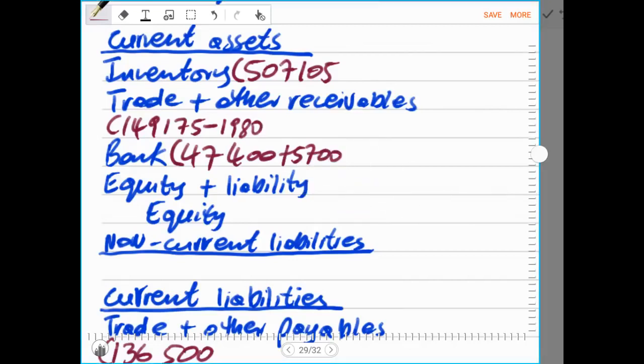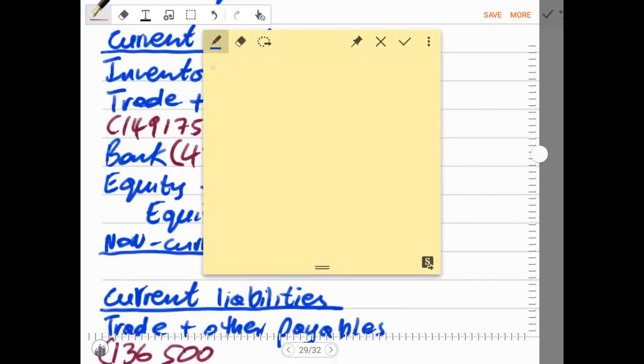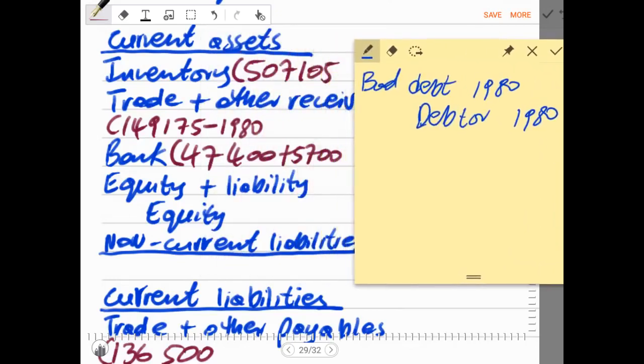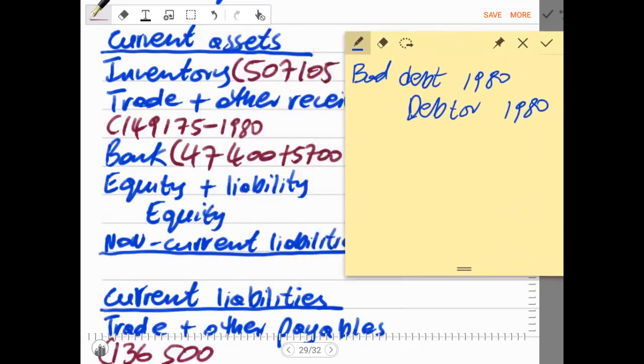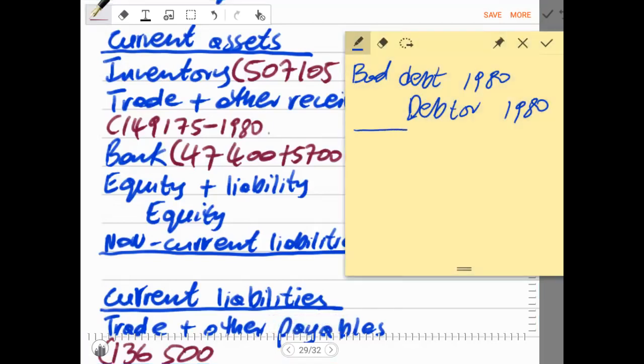So if, let us say, you had to do a general journal for this, just for you to understand, it would debit bad debt. Remember, bad debt is an expense. It will be bad debt 1,980, and we credit our debtors. Remember, debtors are assets, and assets increase on the debit side. So the minute we credit our assets by 1,980, it indicates that it has to be a negative. Hence, this is a minus 1,980 because our debtors would have been credited.